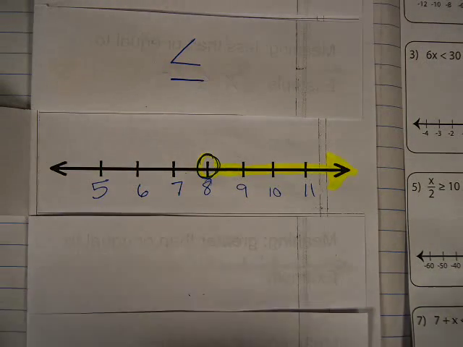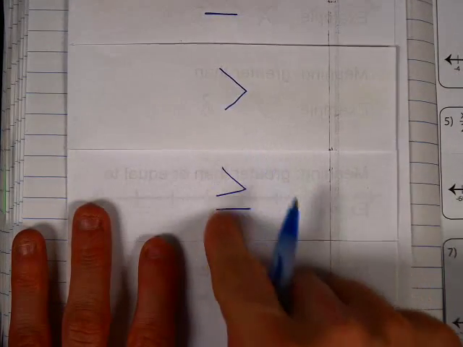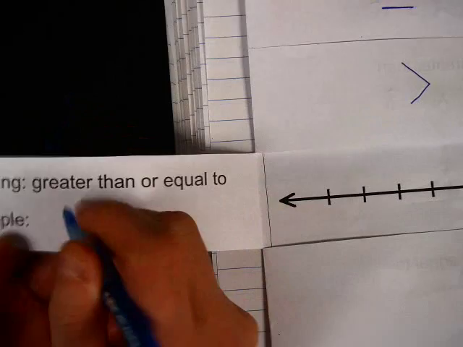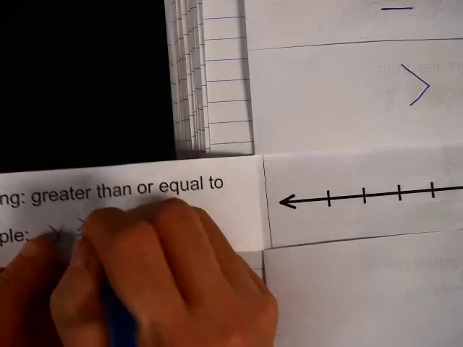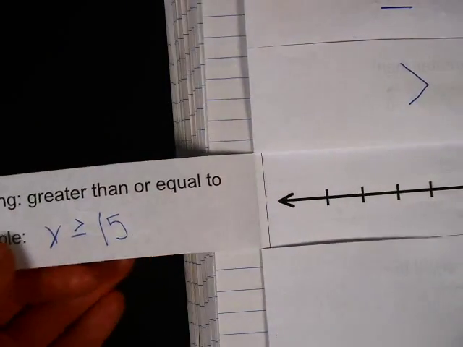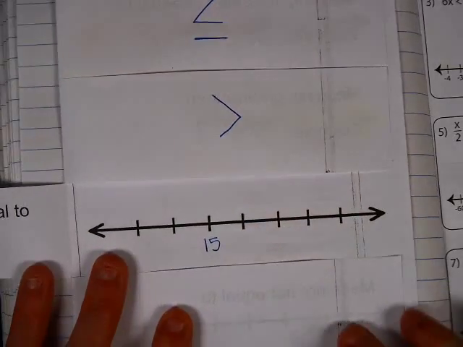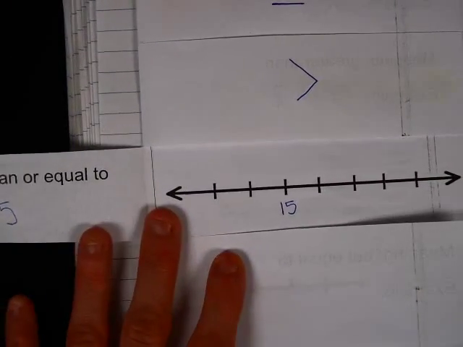It's open. All right. Now let's do greater than or equal to. So greater than is the same way. It's greater than or equal to. So that's the symbol, the large part, and then it has the equal to part. That's that second line. So let's go, x is greater than or equal to 15. We'll do 15 this time. Okay? 15, I'm just literally picking a line, and then I am writing my numbers.